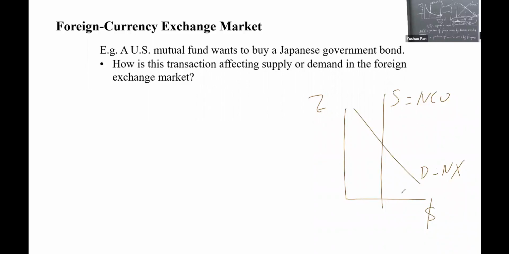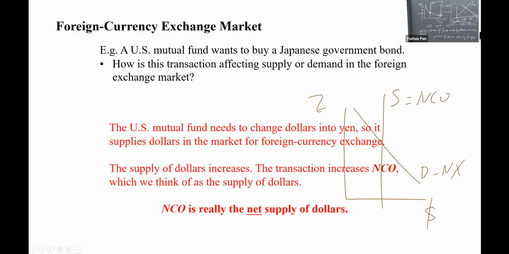Because the US mutual fund wants to buy Japanese government bonds, it has to use US dollars to exchange into Japanese yen. So it supplies dollars in the market, which also means the assets held by domestic residents, the US mutual fund, are going to increase, right? The purchase of foreign assets by domestic residents increases, so the NCO will increase.